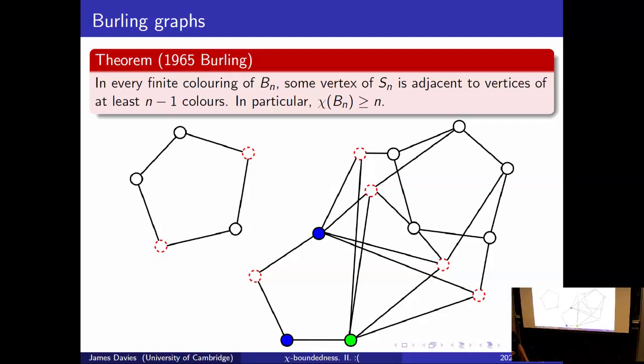Okay, so I can look at a coloring, and for now I'll just focus in on this central copy of Bi. And I already know that one of these 2 old red guys is going to see at least 2 colors. So let's just say it's on the right hand side again. This is going to tell me which copy of my Bi I want to now focus in on. So now I just need to look onto this copy I attached to. And I can do the same thing here.